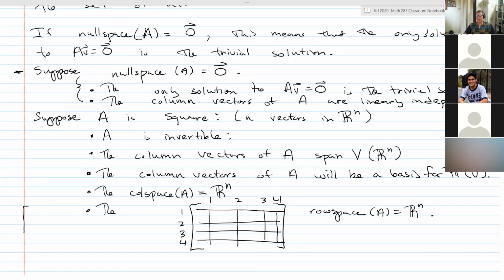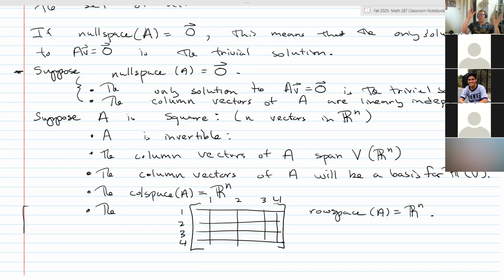All right. Now we can actually expand on this. If the null space of A is equal to 0 and A is square, we know that the column vectors of A are going to span. We also know that AX equals B is going to be consistent for all B. That's also going to end up being true. We know that A will row reduce down to the identity.